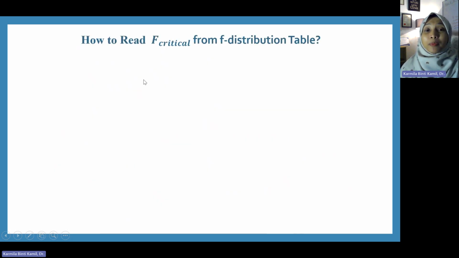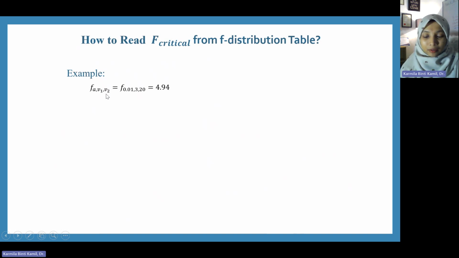Before we solve one example, let's learn how to read the F critical from the F distribution table. For the value of alpha, V1 and V2, what are V1 and V2?